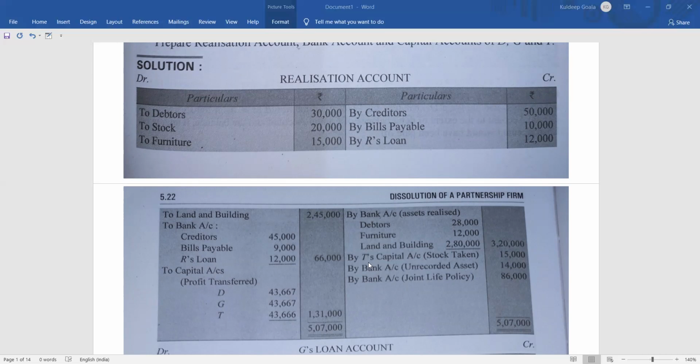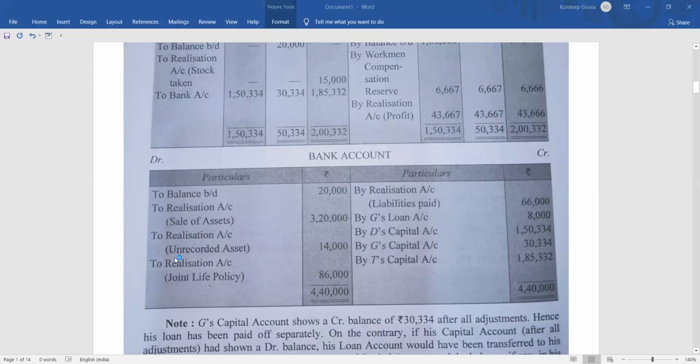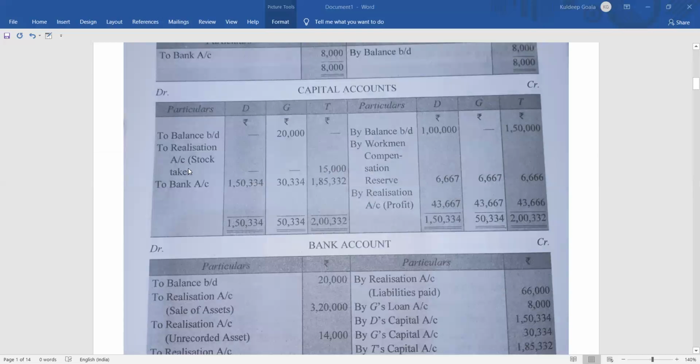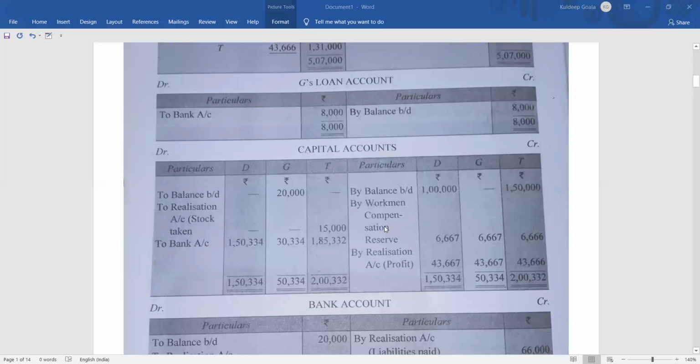So in T's capital account debit side, to realization account, stock taken over 15,000 in case of T. Now there are no other items, so we will go for direct balancing.